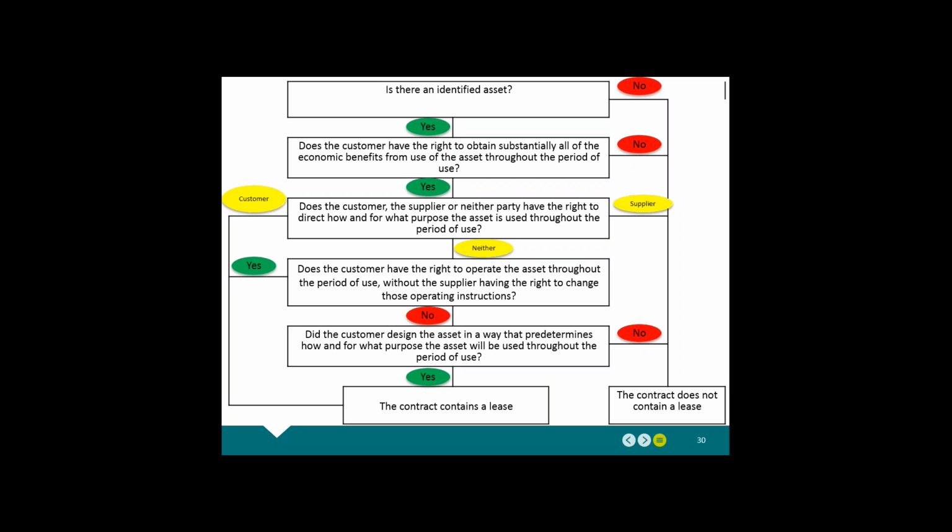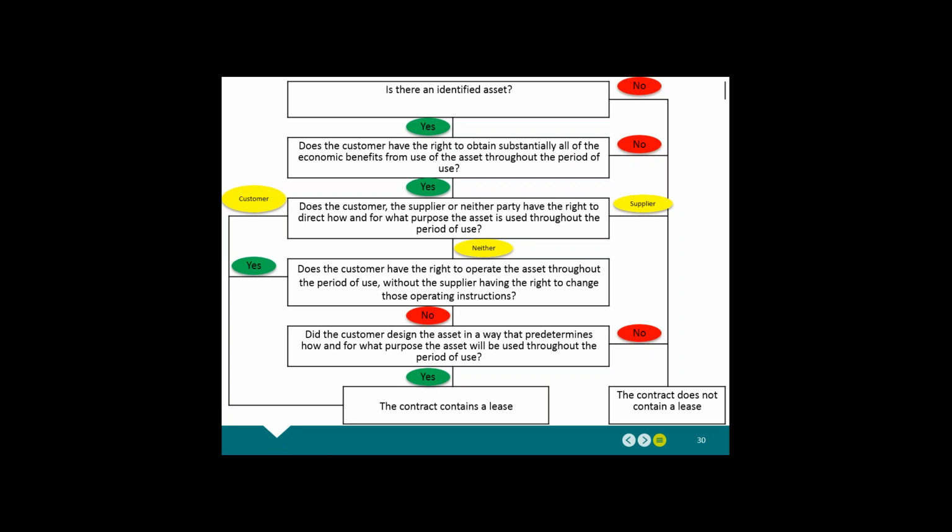Next question, third block. Does the customer, the supplier, or neither party have the right to direct how and for what purpose the asset is used throughout the period of use? If the customer has the right to direct how and for what purpose the asset is used throughout the period of use, if the customer makes that decision, then we've got a lease.